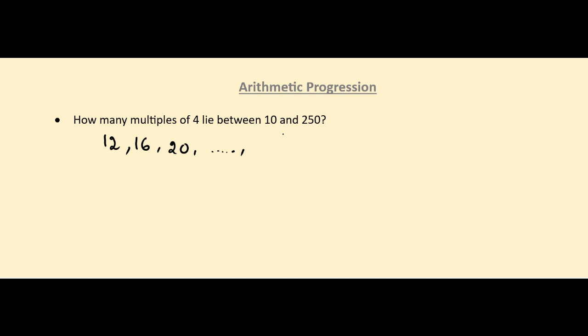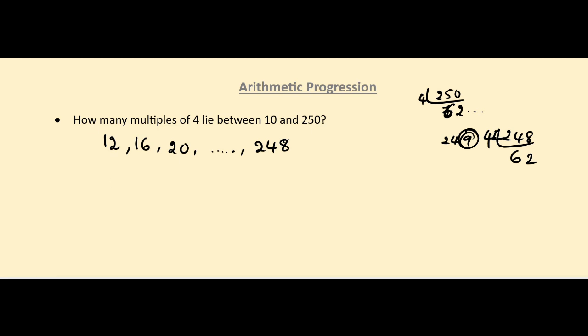At the end, 250 is not a multiple of 4. 249 is not possible because it ends with 9. Then 248, yes, divided by 4, 4 6s are 24, 4 2s are 8. So 248 is the last multiple which lies between 10 and 250.